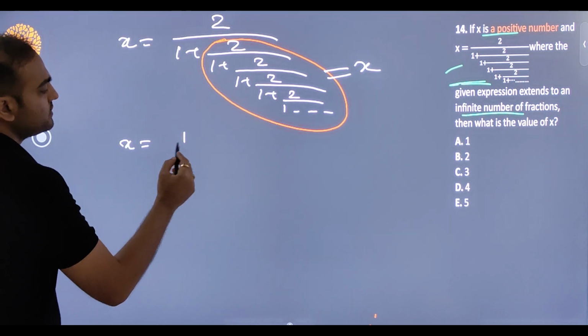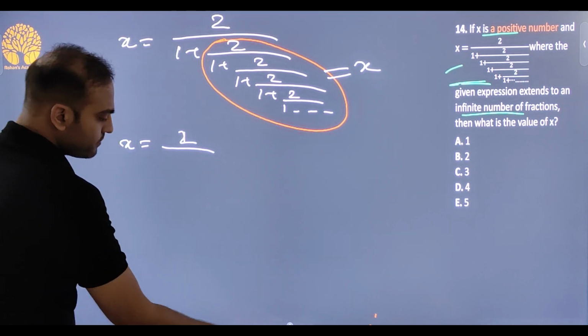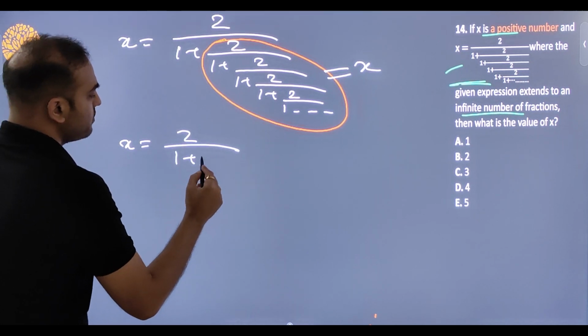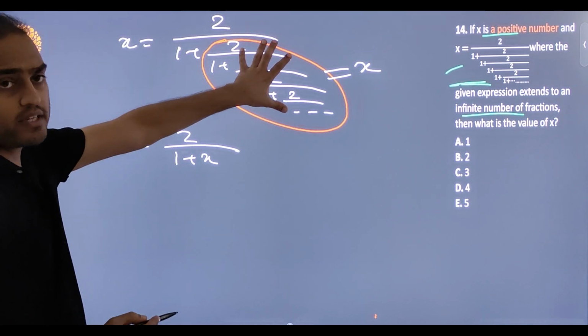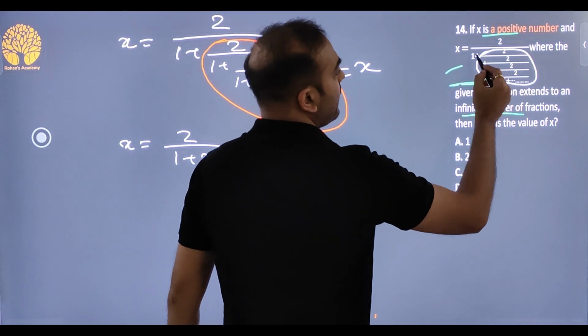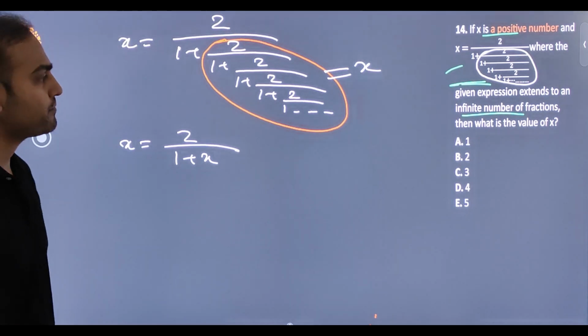So we know x is 2 over 1 plus x. This entire thing here has been replaced by x.